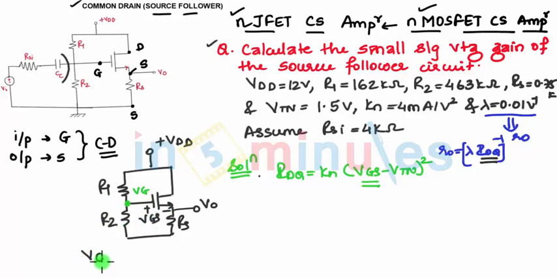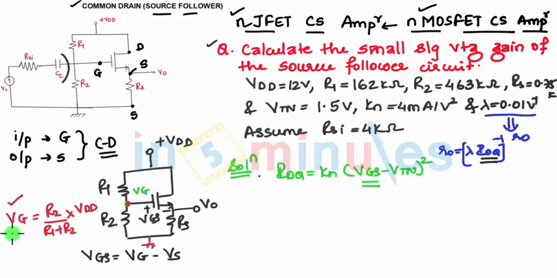We can write VGS as VG minus VS. How can we find VG? The terminal is grounded, so by the potential divider rule VG is R2 upon R1 plus R2 multiplied by VDD. This will give me the value of VG.